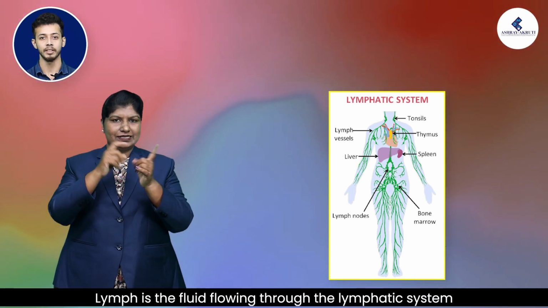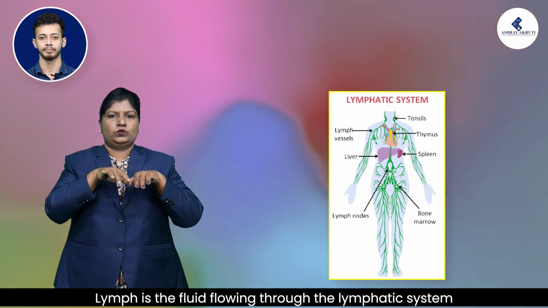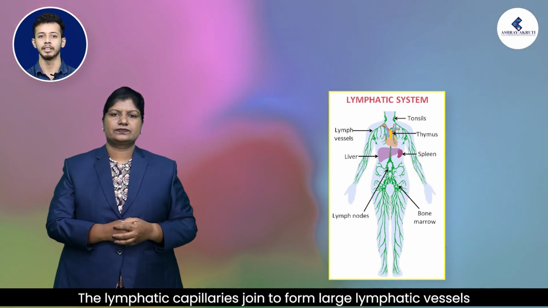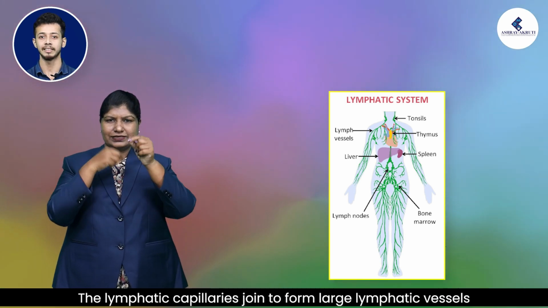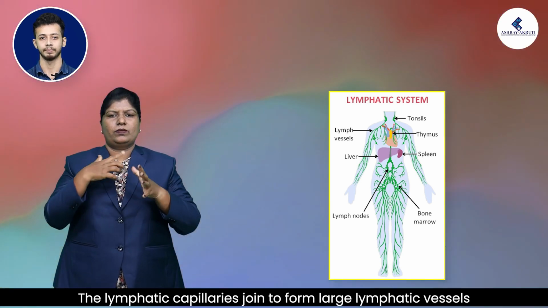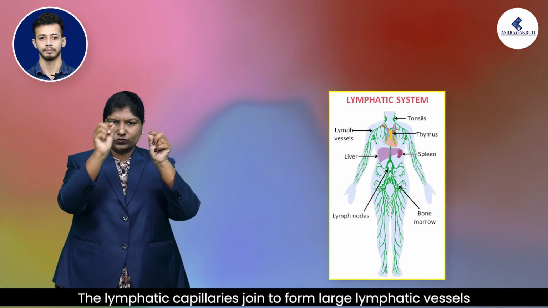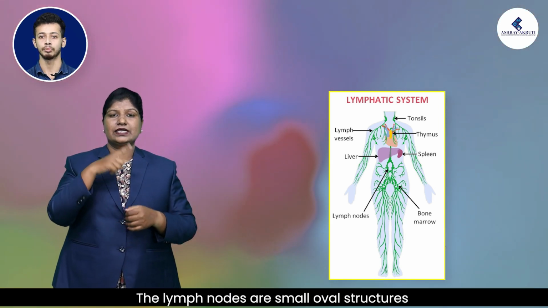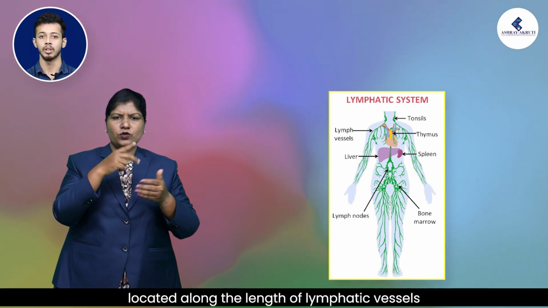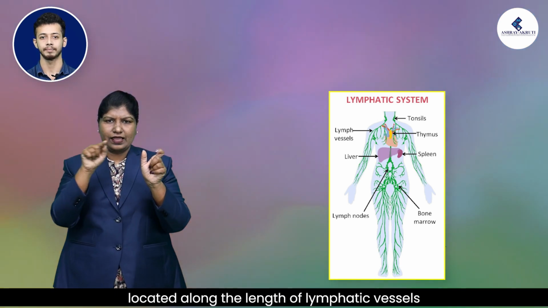Lymph is the fluid flowing through the lymphatic system. The lymphatic capillaries join to form large lymphatic vessels. The lymph nodes are small oval structures located along the length of lymphatic vessels.